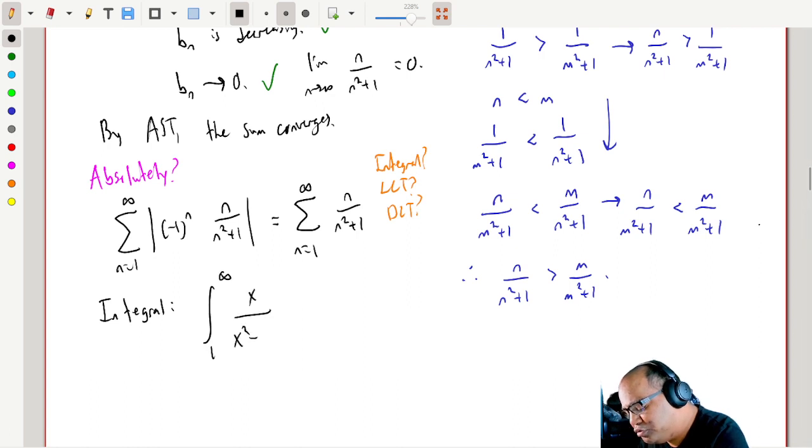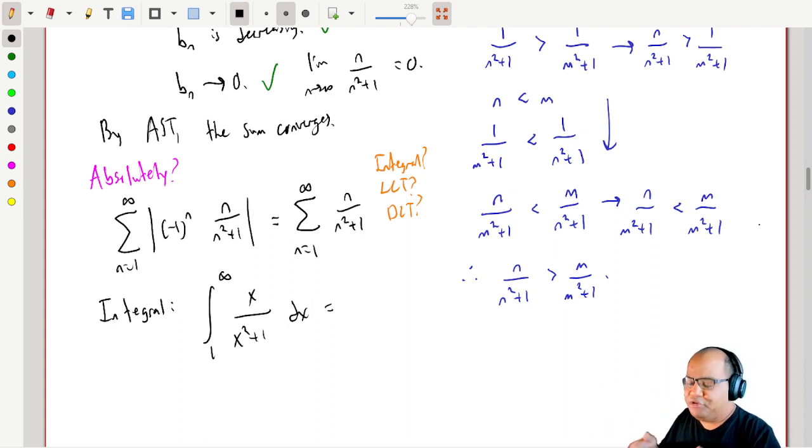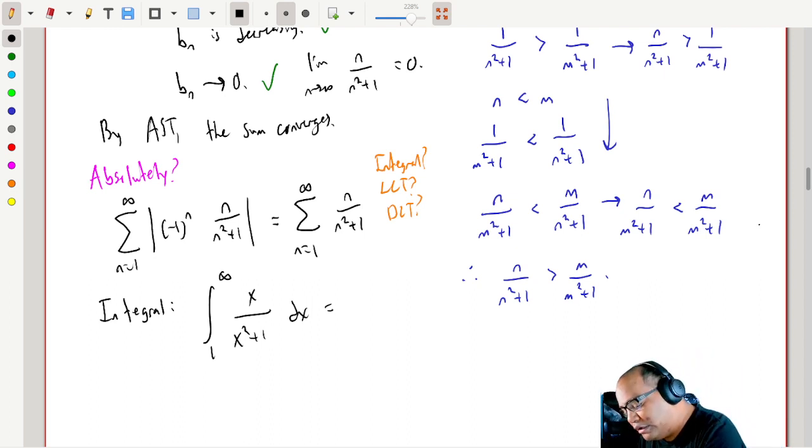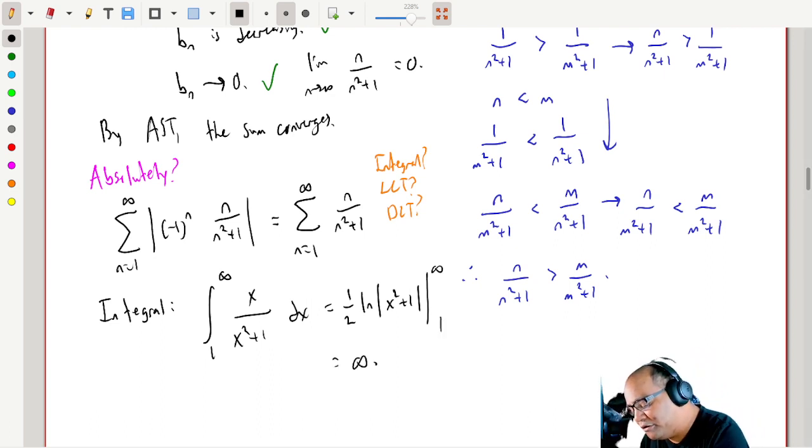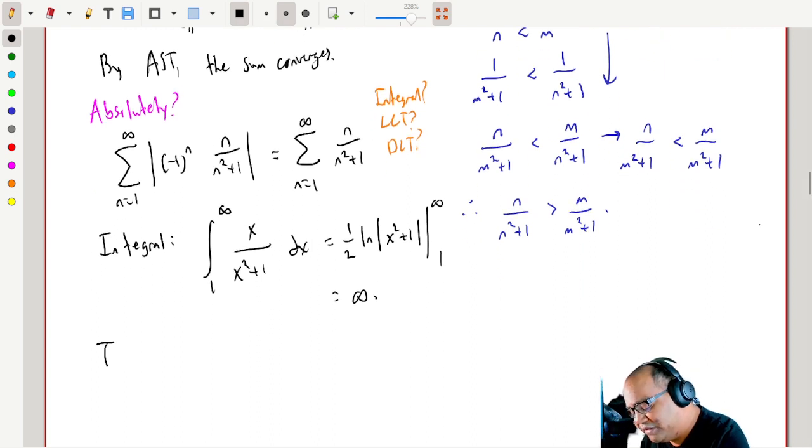If I do the integral test here, and I'll skip some of the details, you can do a u substitution here, or use a trig sub, because you've got an x squared plus 1 in the denominator. You'll get 1/2 log of absolute x squared plus 1, evaluated between infinity and 1 in limit, but then you'll see that this limit ends up being infinity, so the integral diverges.